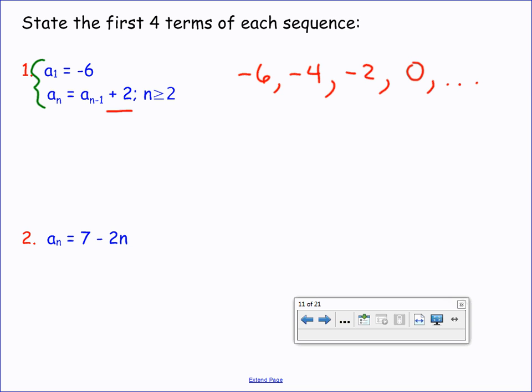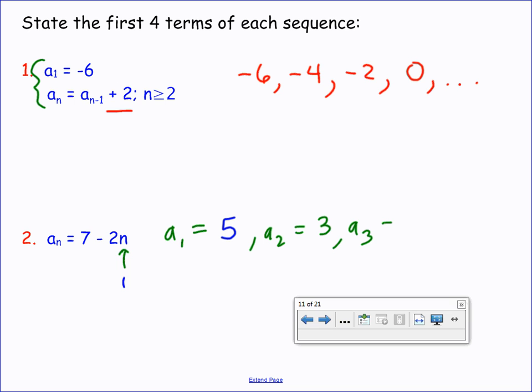So we'll go ahead and get a sub 1, the value of the first term, by plugging in 1, my term number, everywhere I see an n. So that would be 7 minus 2 times 1. Right, 7 minus 2 times 1 is 5. A sub 2 would be 7 minus 2 times 2, is 7 minus 4, is 3.